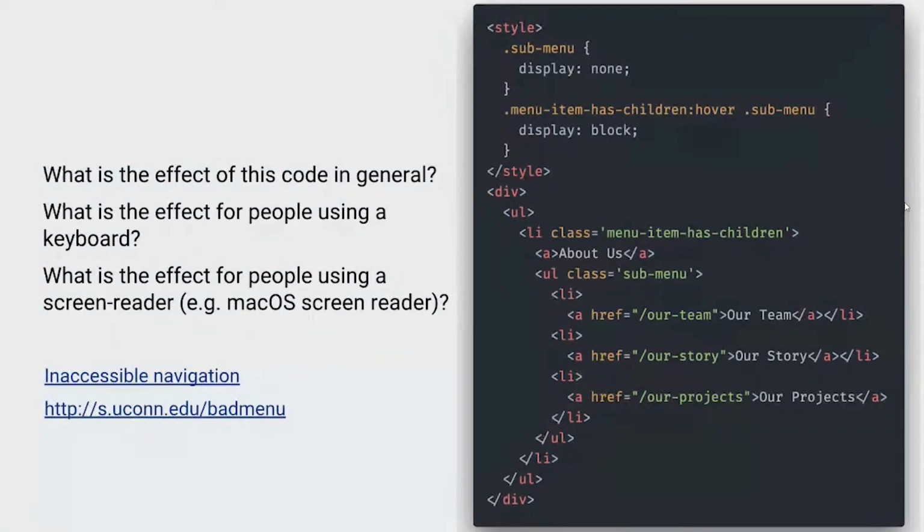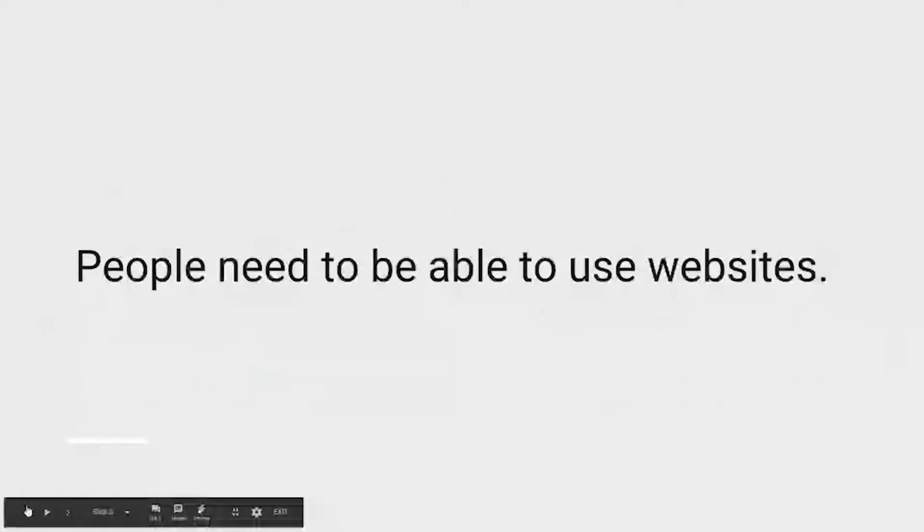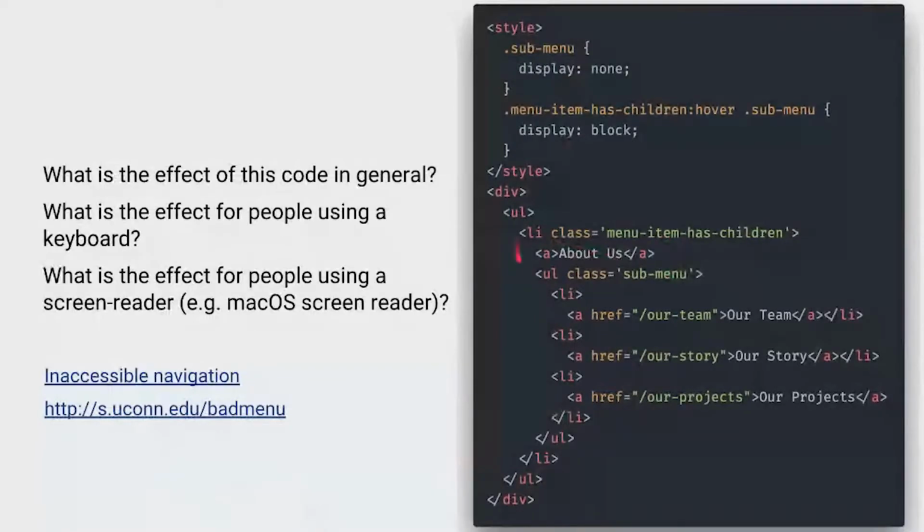Even if you add a focus state to it, you're never going to be able to get to this link right here by the keyboard. If you're tabbing through, as it is right now, like Malik said, it will never arrive at that link.